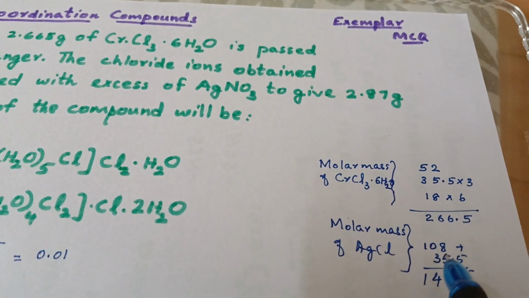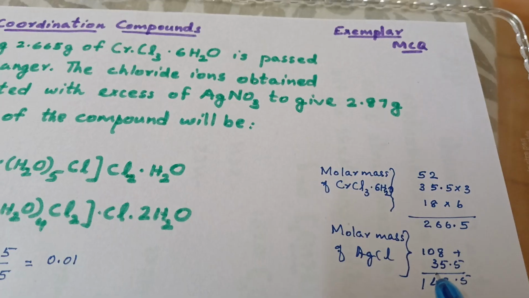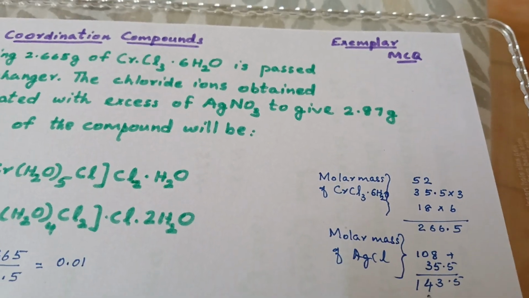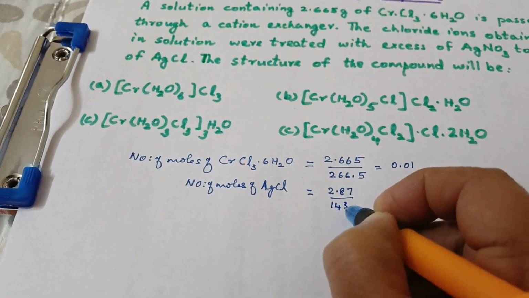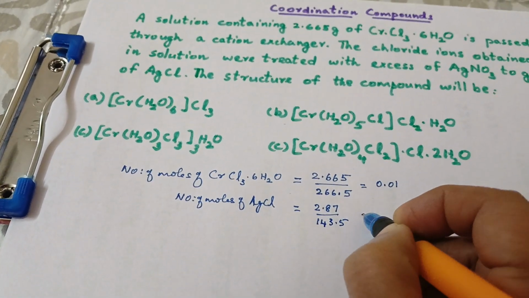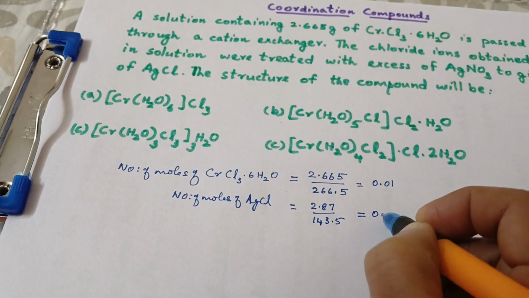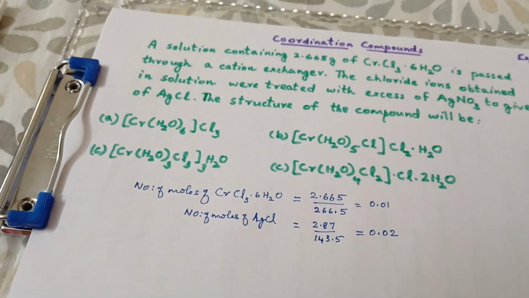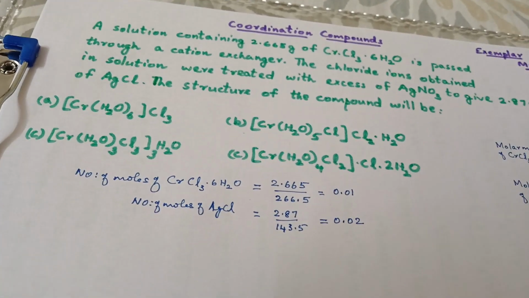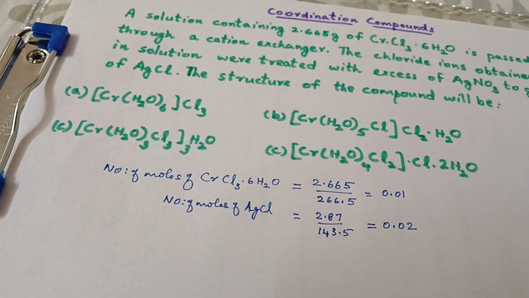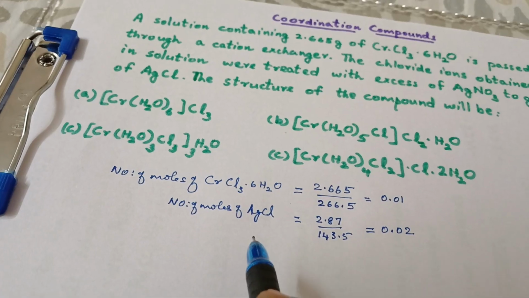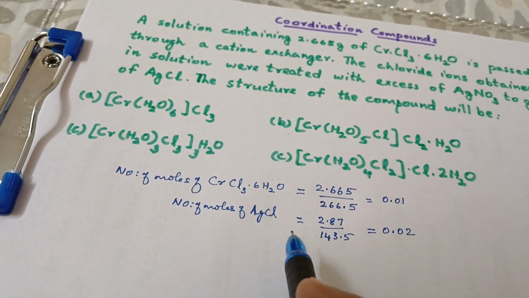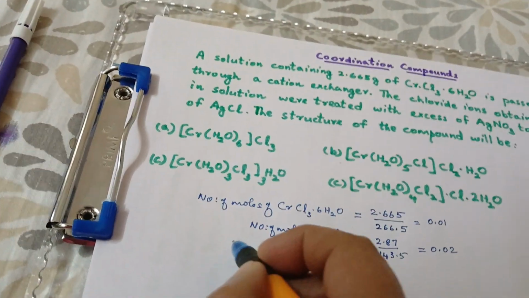Silver molar mass is 108 and for chlorine it is 35.5, total 143.5. On calculating we will get it as 0.02. So we can say that 1 mole of CrCl3.6H2O is giving 2 moles of AgCl.